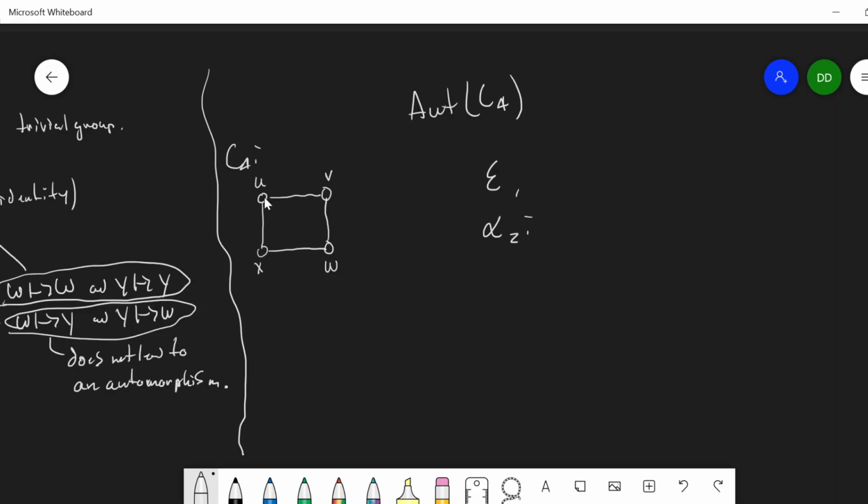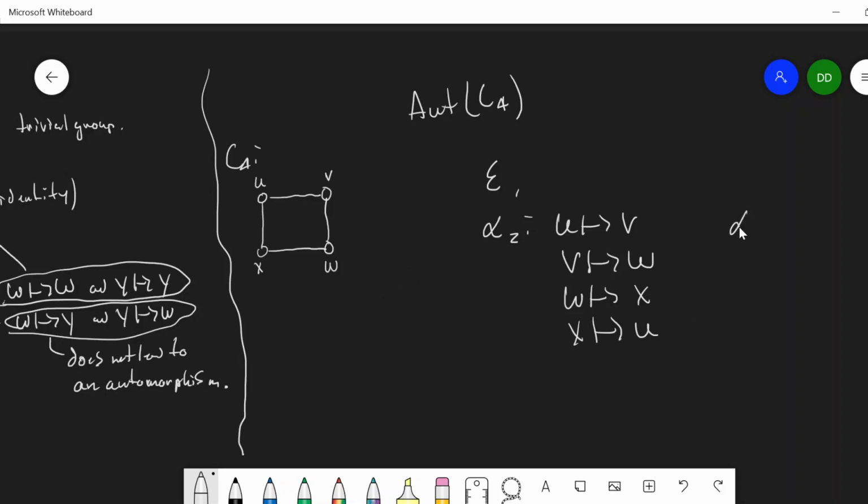Everything's degree 2, so I could send U to V. U and V were adjacent, and V was adjacent to W, so now I need to send V to W, W to X, and X to U. In other words, I'm rotating the 4 cycle by 90 degrees.